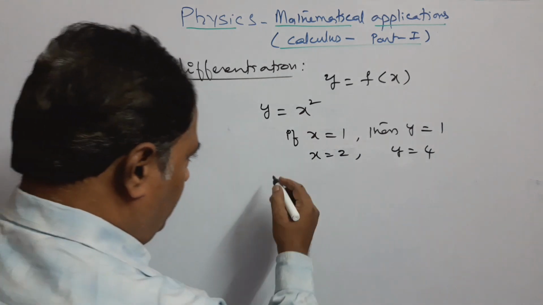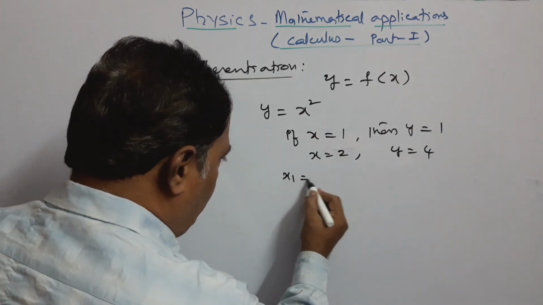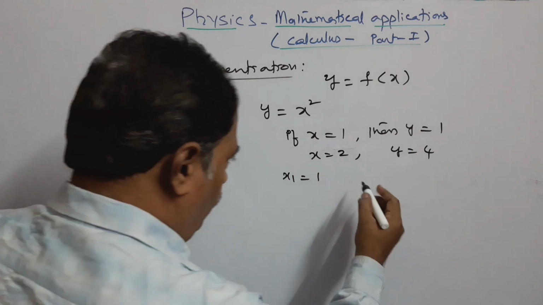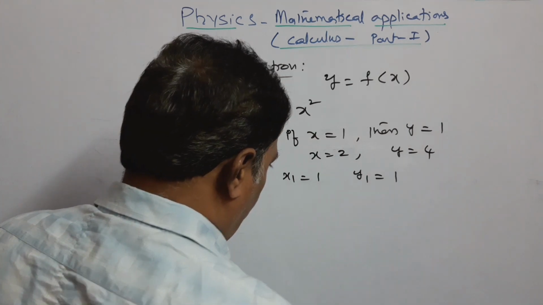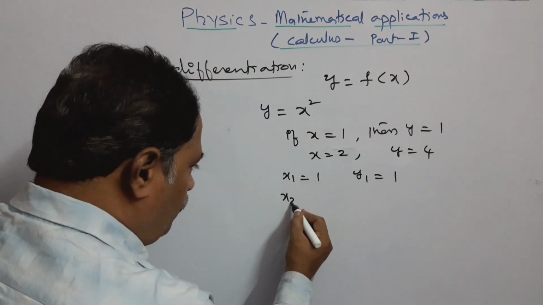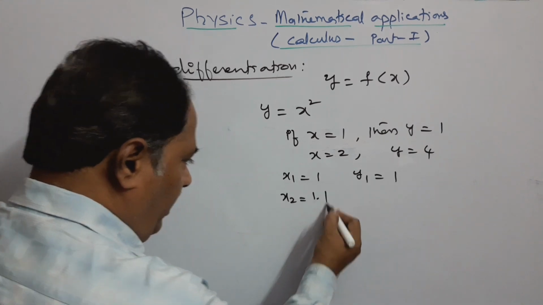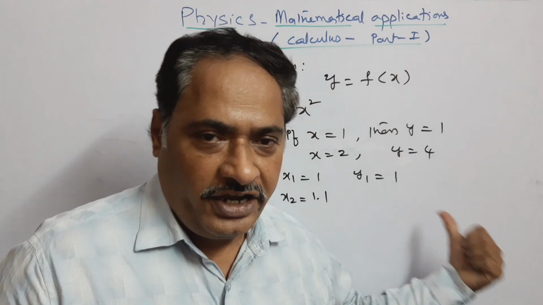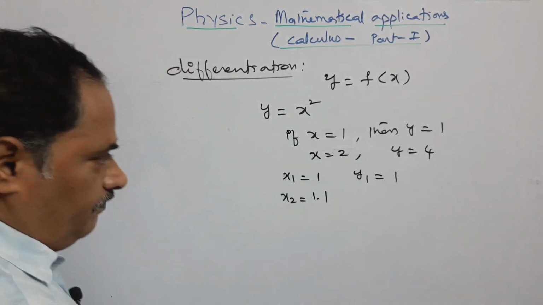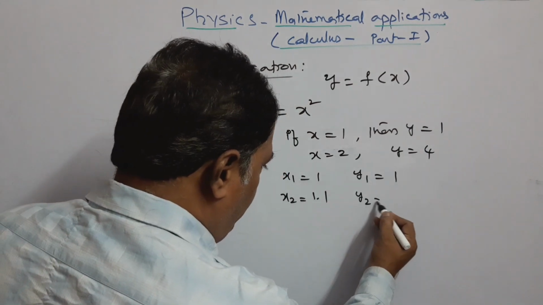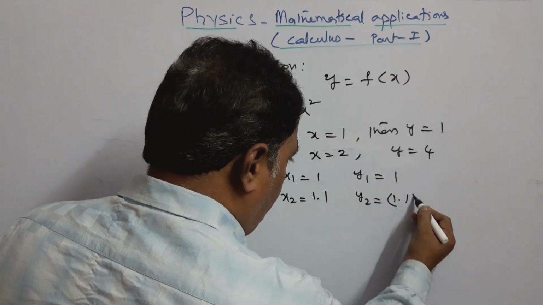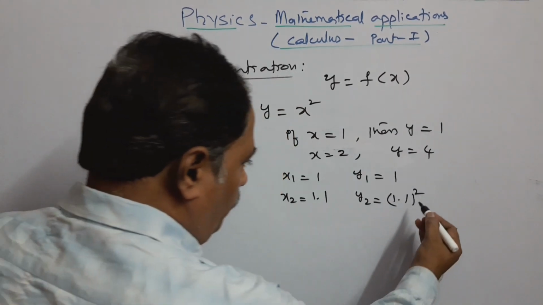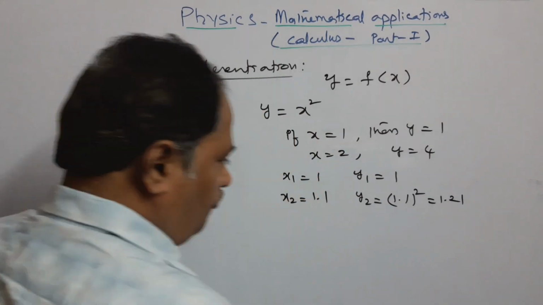That means here I can take x1 equal to 1. As you know, y1 is equal to 1. Now x2, I want to take a small change, 1.1, that can be considered. Then the value of y2 equals 1.1 whole square, which is nothing but 1.21.